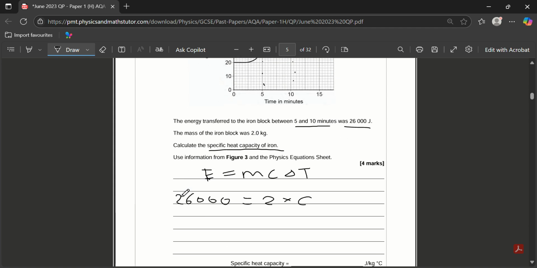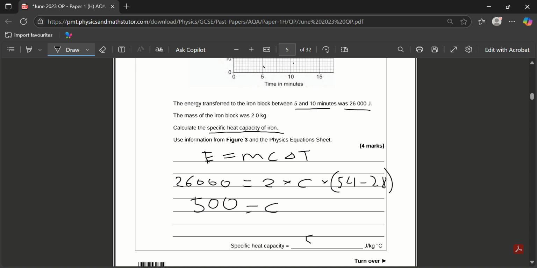Alright, so we have mass times temperature change, 54 minus 28. If we rearrange for C and throw it into a calculator, 54 minus 28 is 26. 26 times 2 is 52. Then 26,000 over 52 is just going to be 500. 500 joules per kilogram degree C. That's our answer.